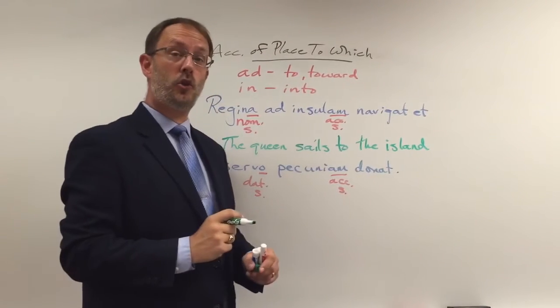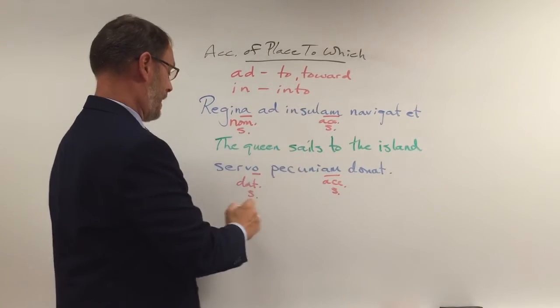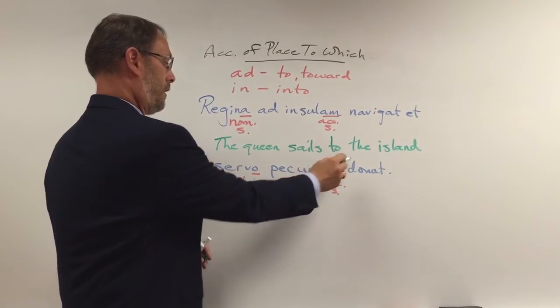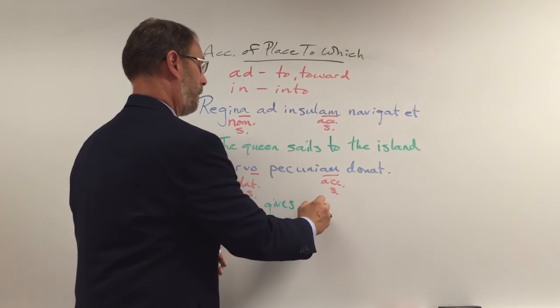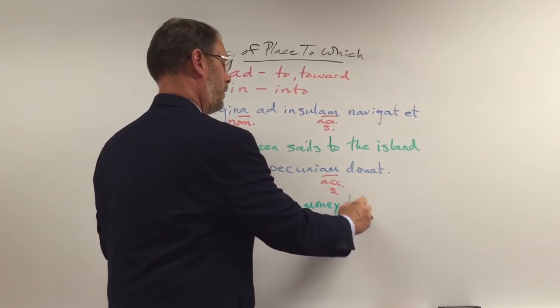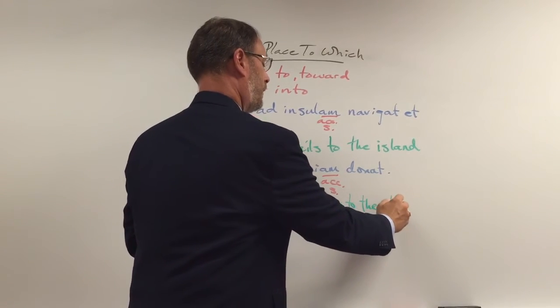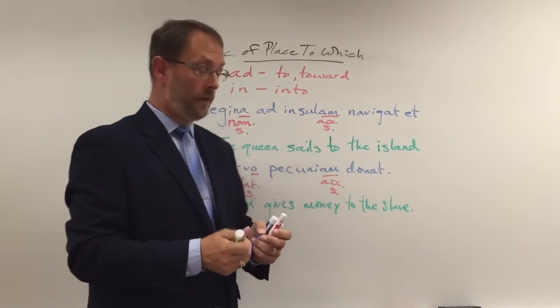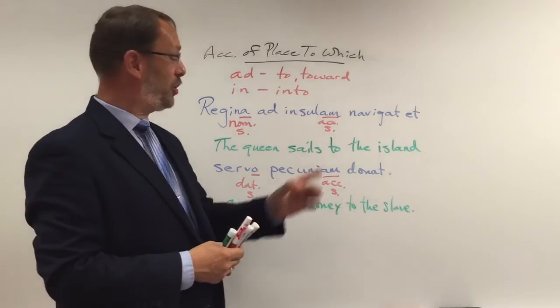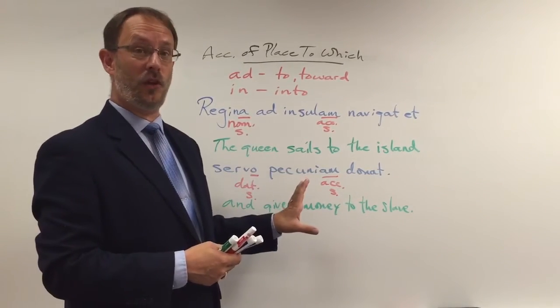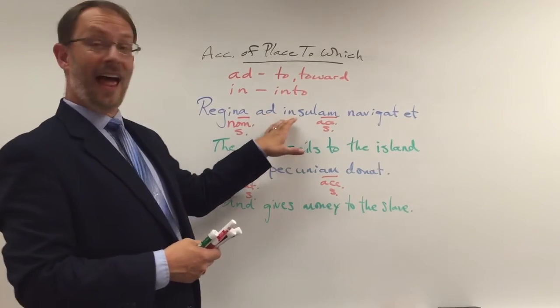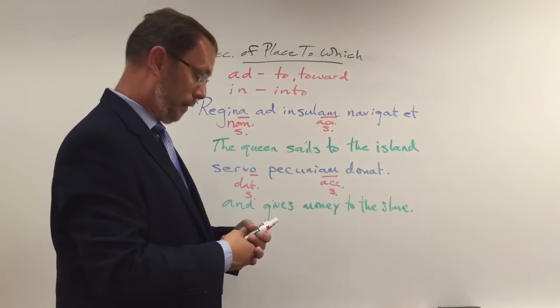The queen sails to the island and gives money to the slave. And what you notice is we got the word to twice in the English, but those are really different uses of the word to, and Latin makes those uses very, very clear.